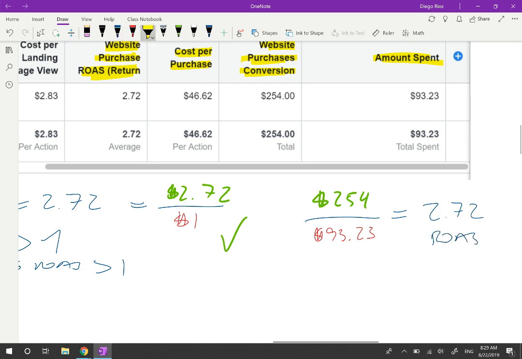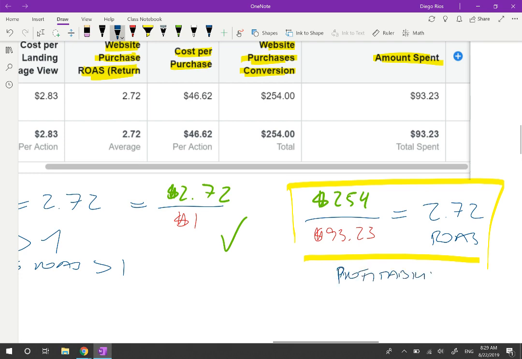And this is how Facebook calculates your return on ad spend. And this is something that you should definitely know, because you'll get it in the exam. And this is how you basically know if your campaigns are being positive and also profitable, right? What this gives you is profitability.